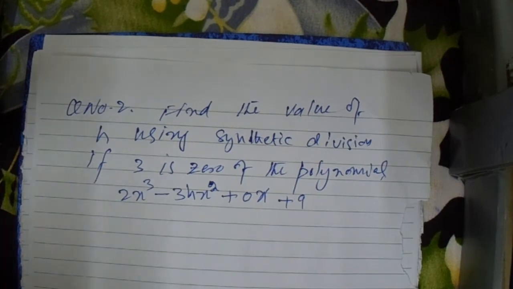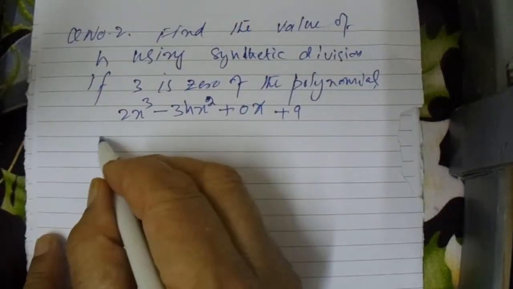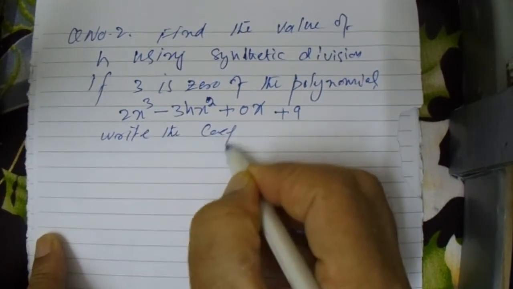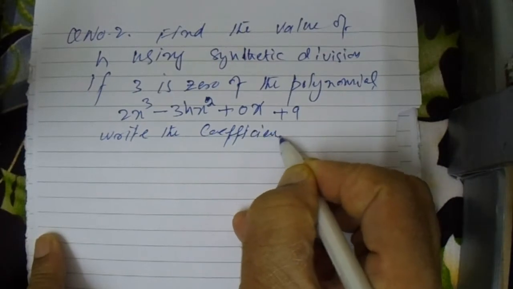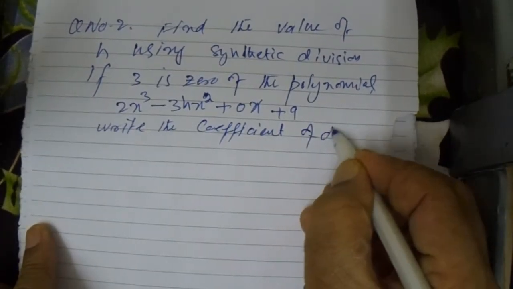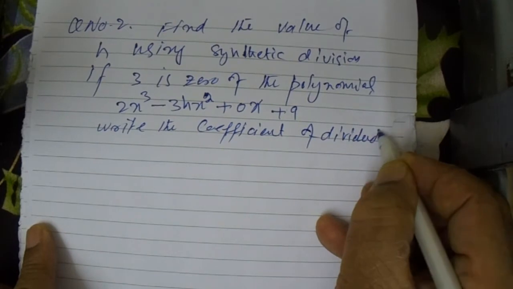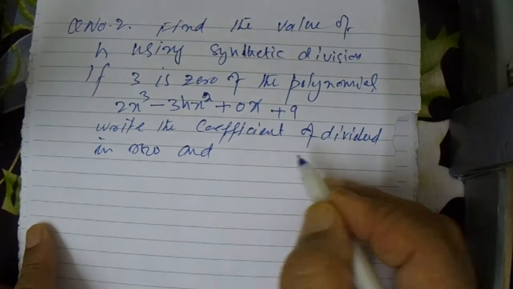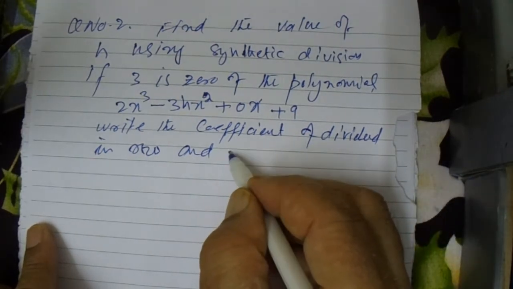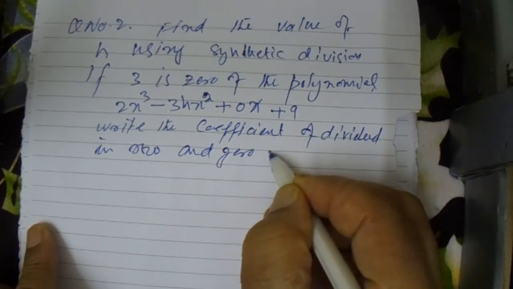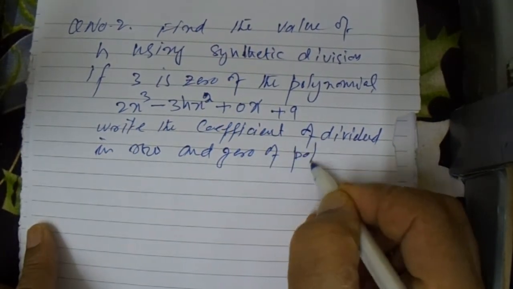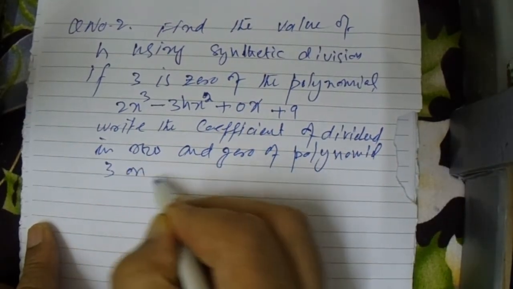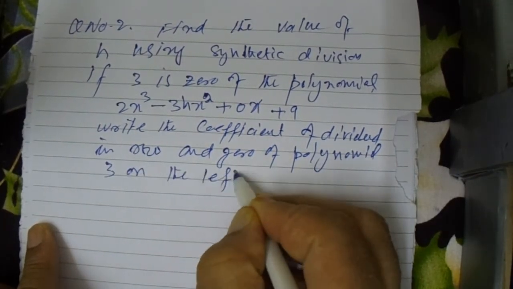Now we write the coefficients of the dividend in a row, and the zero of the polynomial, 3, on the left side.